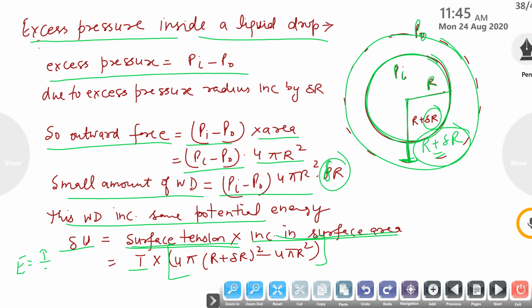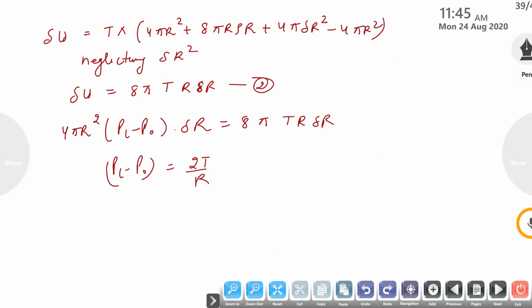You have to find this. This is given simply by solving the whole square. We get this value. As we know that del r, the increase in radius, is very small, so we can neglect it. So del square r can be neglected. So we can write del U is equal to 8 pi T r del r.